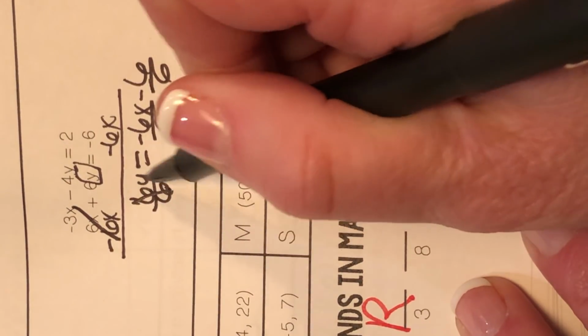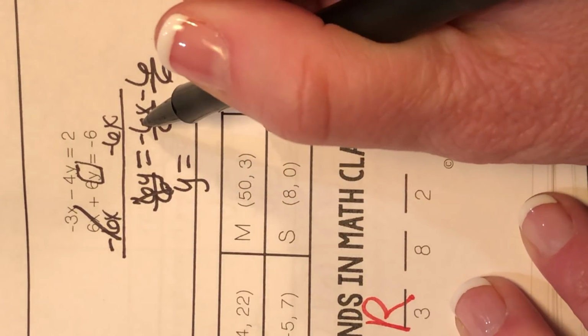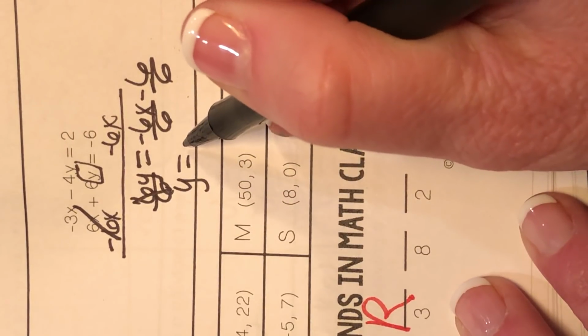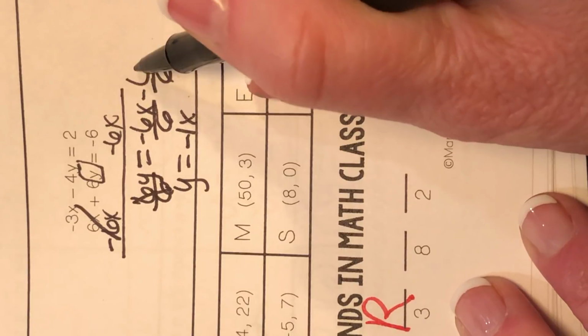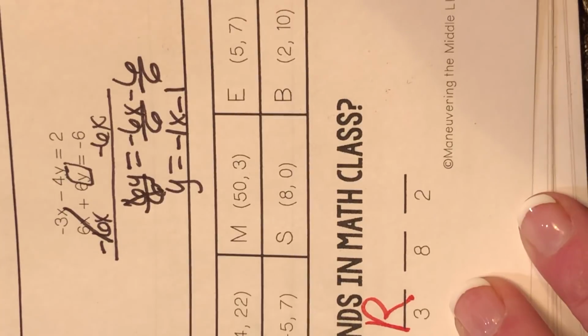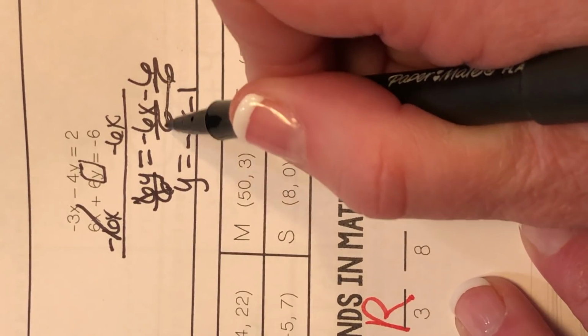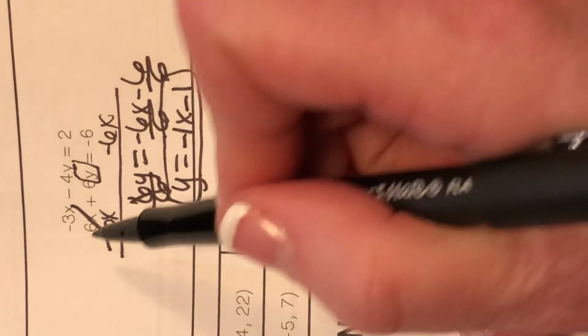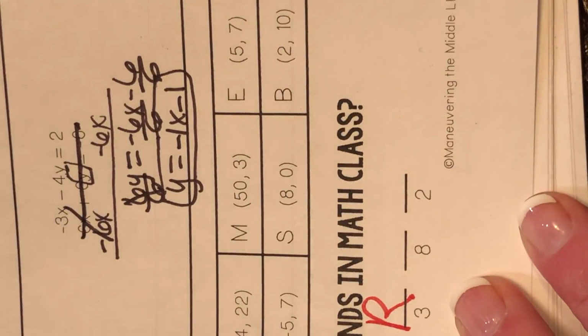So 6 divided by 6 is 1, so that's just y equals. Negative 6 divided by positive 6 is negative 1x. Negative 6 divided by positive 6 is negative 1. So right now I have y equals negative 1x minus 1, or we could say y equals negative x minus 1. But this is going to be the equation I'm going to use instead of the second equation.